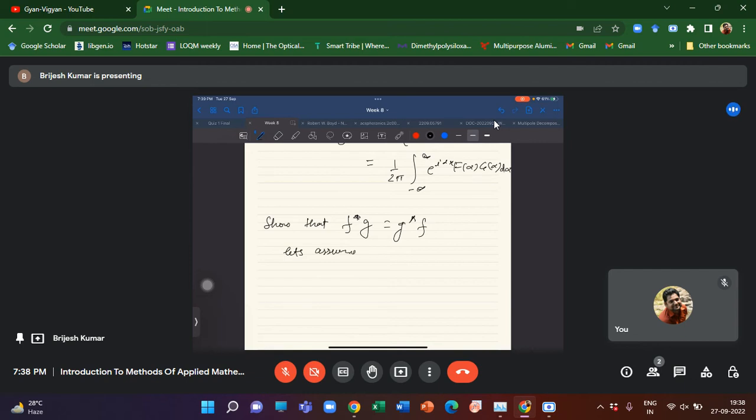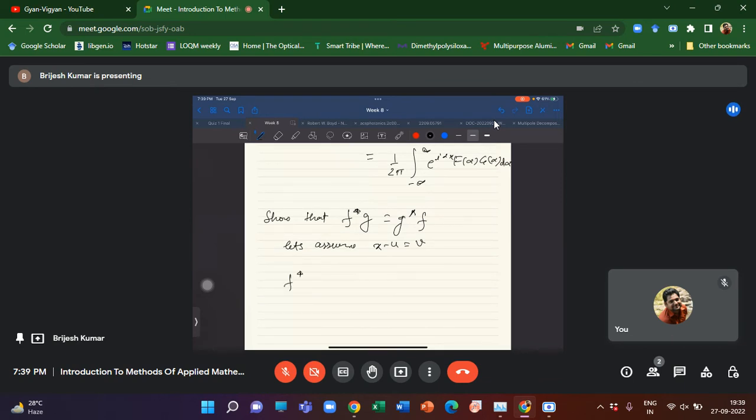let's assume x minus u is equal to v. Then what will be f * g? It will be the integral from minus infinity to infinity of f(u) g(x minus u) du. And this will be equal to the integral from minus infinity to infinity of f(x minus v) g(v) dv.